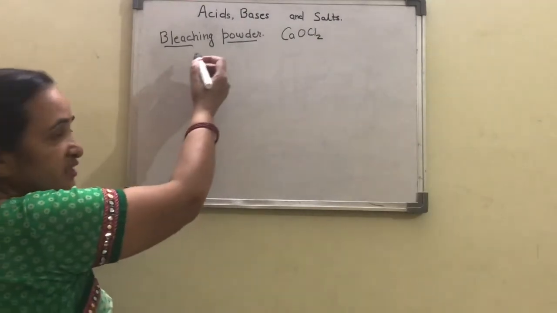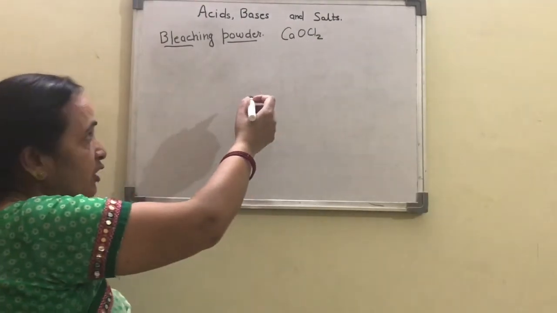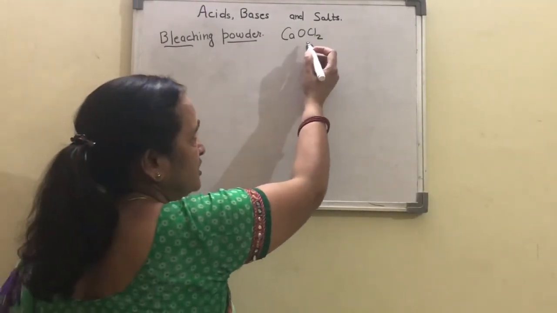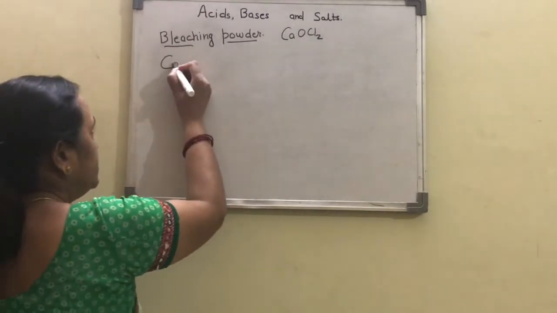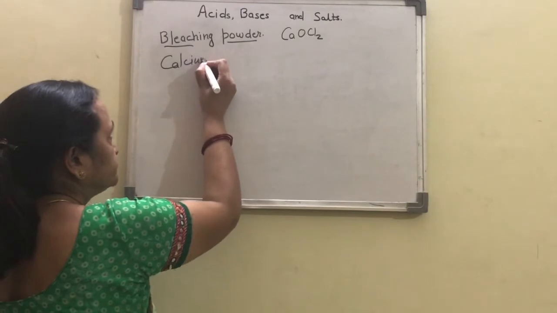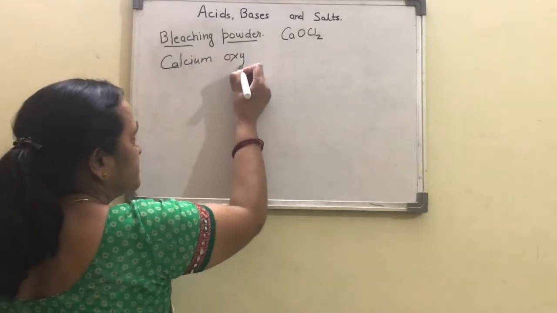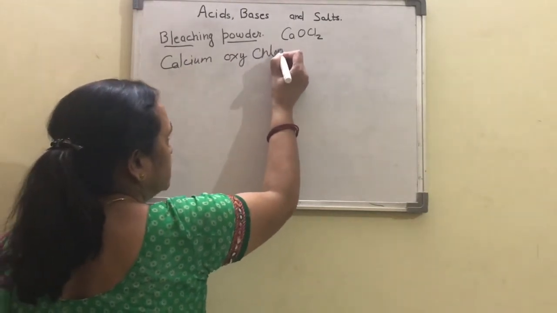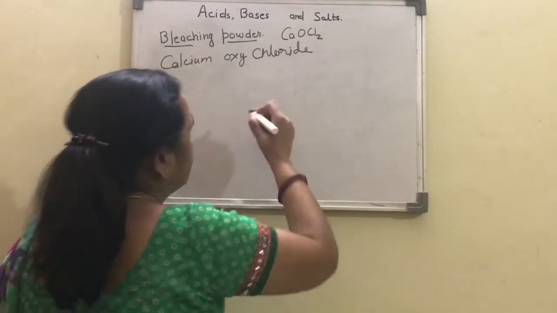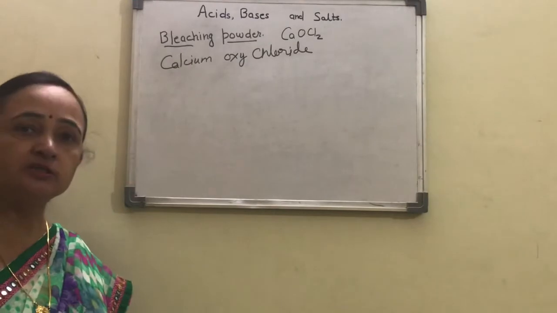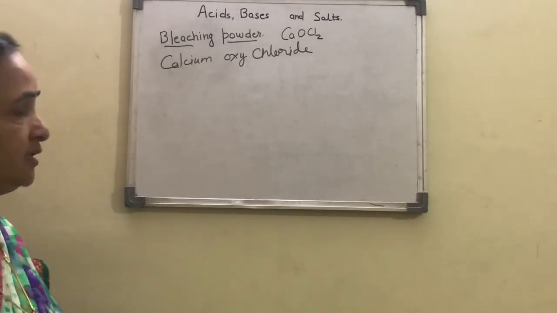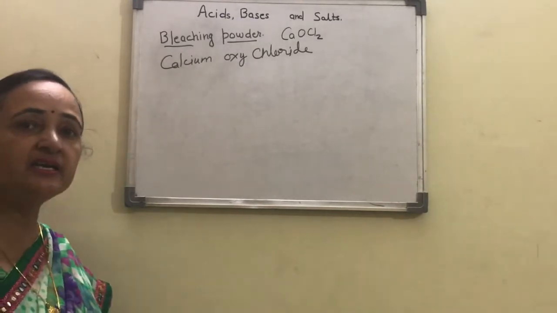So this is bleaching powder and its formula is CaOCl2, so you can write its other name as calcium oxychloride. In the preparation of calcium oxychloride, we take one of the byproducts, chlorine gas.